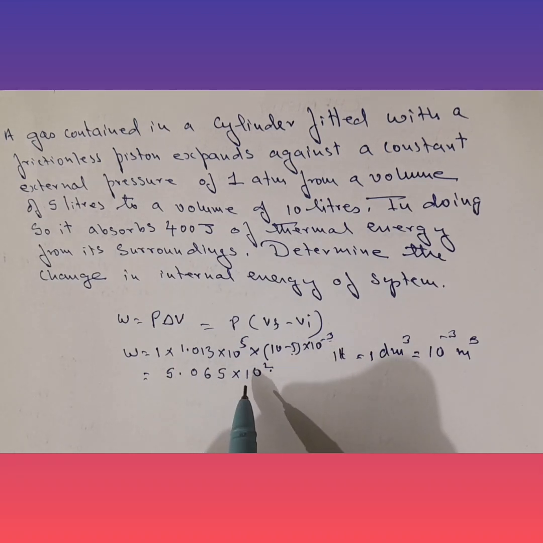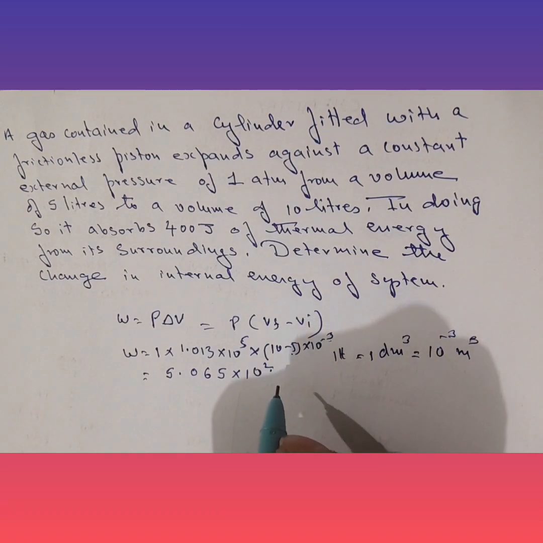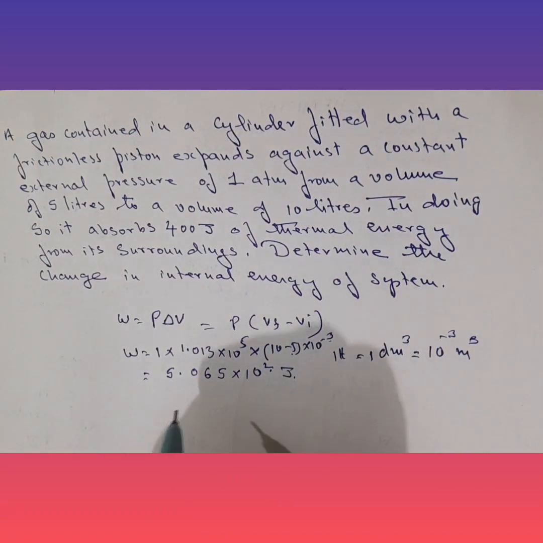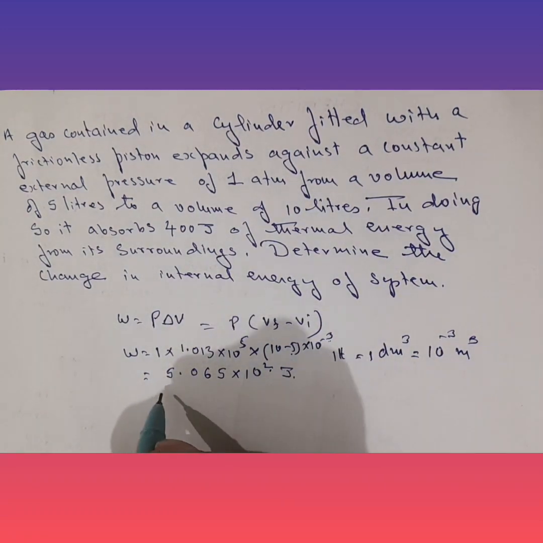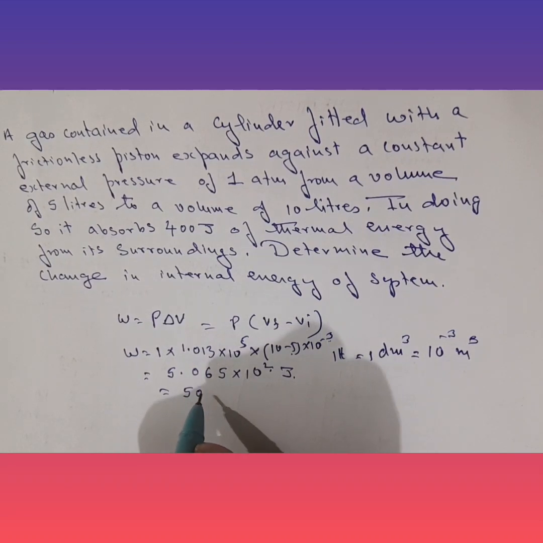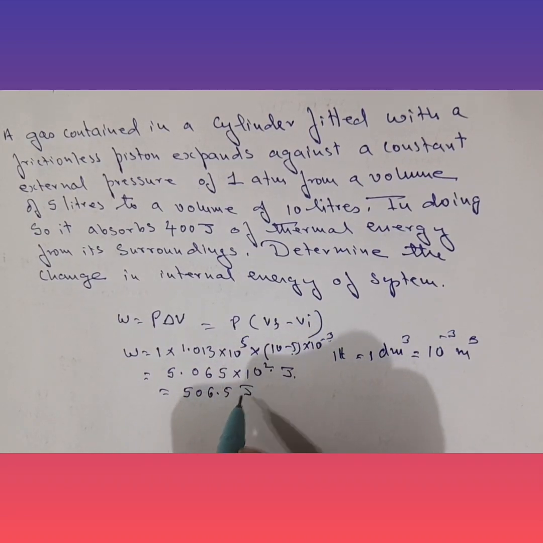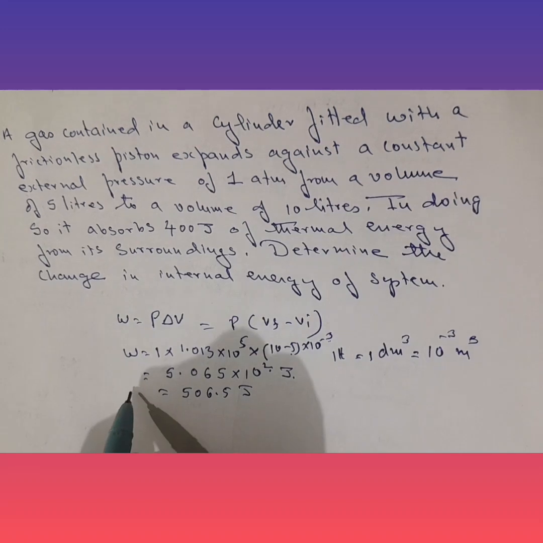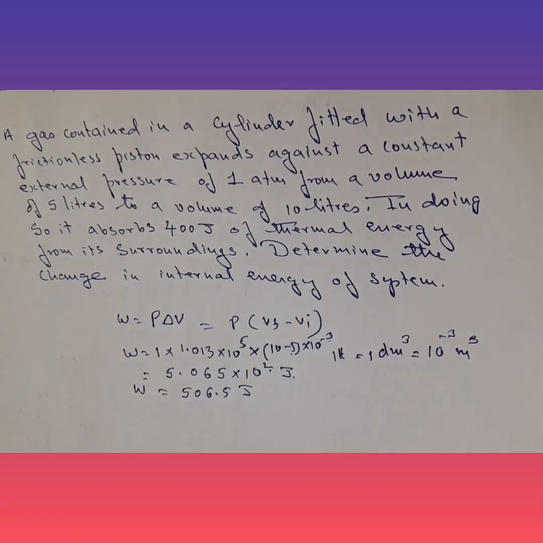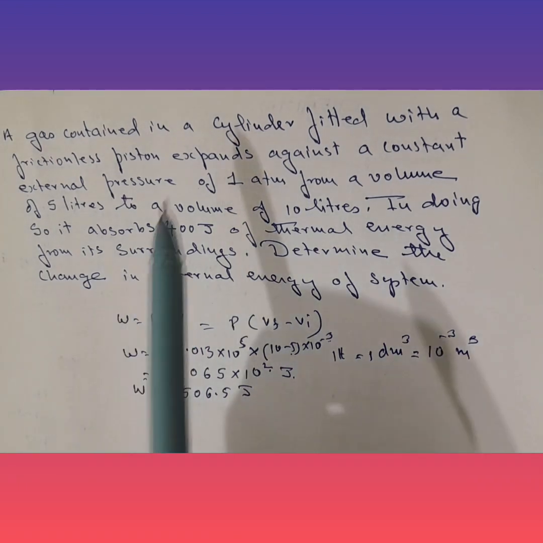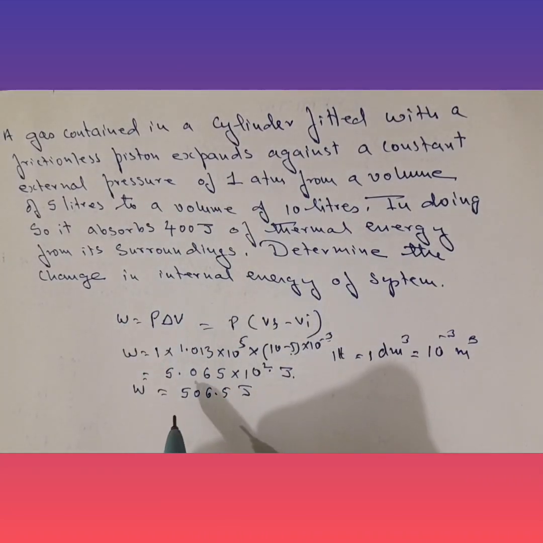So we end up with this value. Now obviously the unit of this value would be joules. Now if I intend to take this value, it would be 506.5 joules. Alright, one part of job is done. So work is found out. It is positive because we are in physics. It would have been expansion in physics, so it is positive.